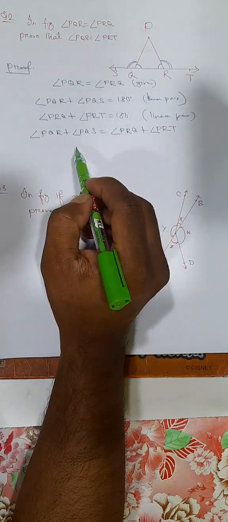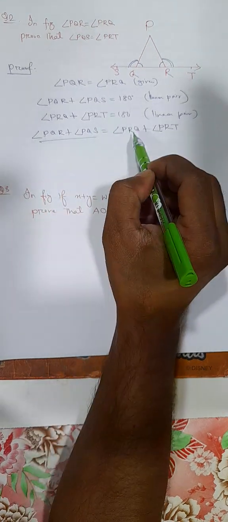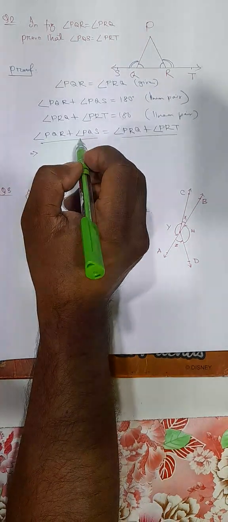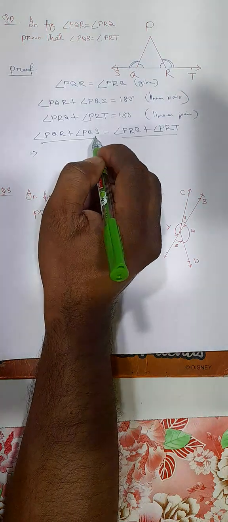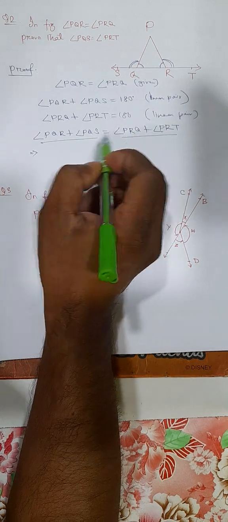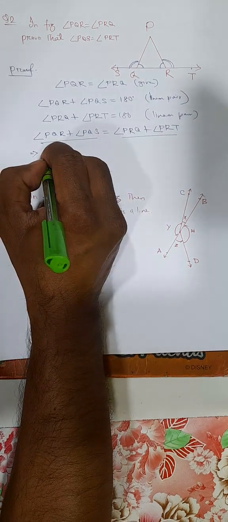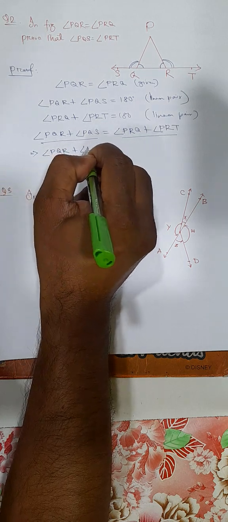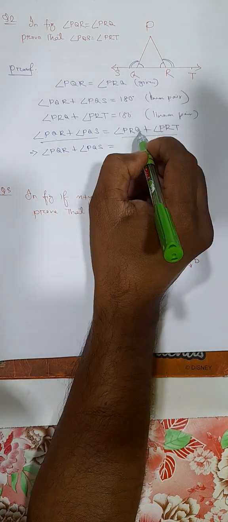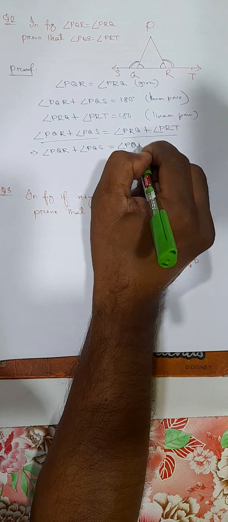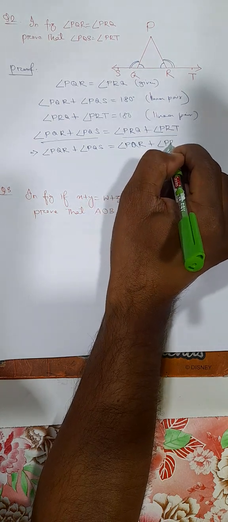Since this is 180 degrees and this is also 180 degrees, we can compare them. Before cancelling, we will write one more step: angle PQR plus angle PQS equals PQR plus PRT.